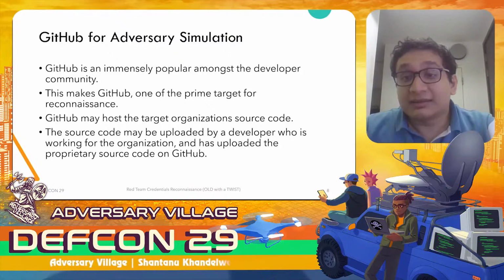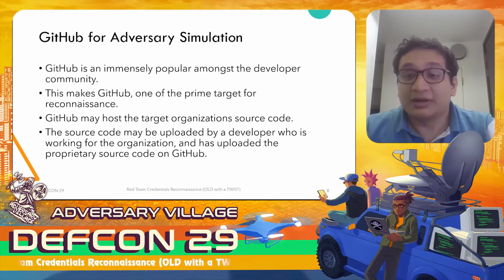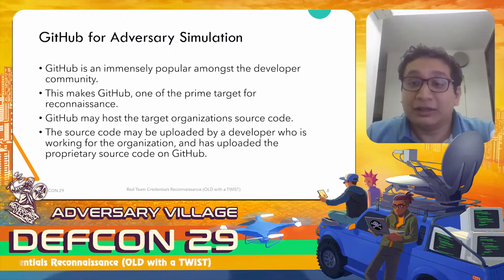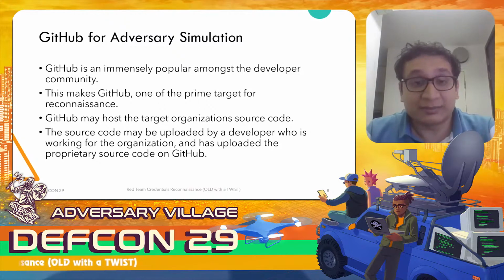Its mass usage makes it a prime target, and developers often use GitHub and unknowingly commit proprietary source code or credentials to the GitHub repository.